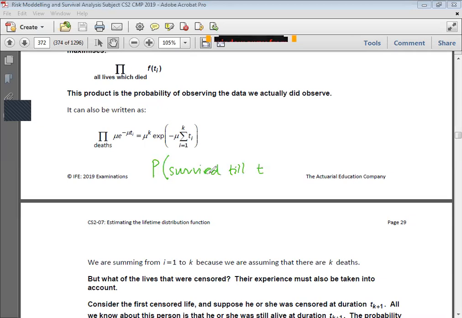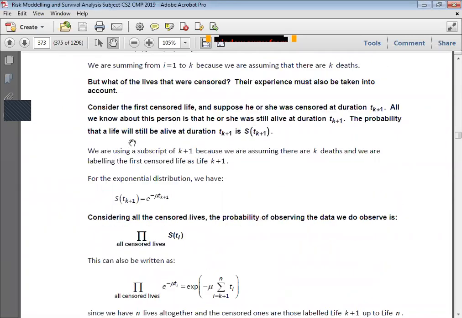So when I'm defining my time, I'm writing K as the number of deaths I have. So to ignore the overlap that you might have between deaths and censored lives, you write here K plus 1. So now the thing that we will be looking at is Tk plus 1.